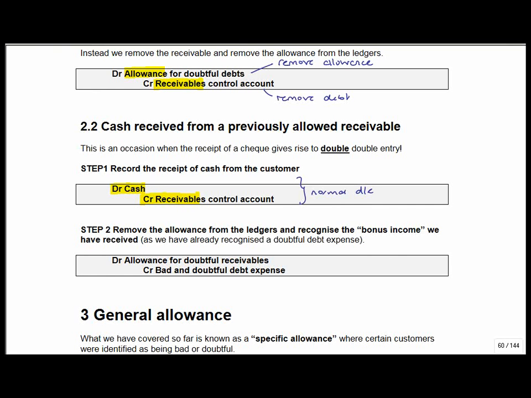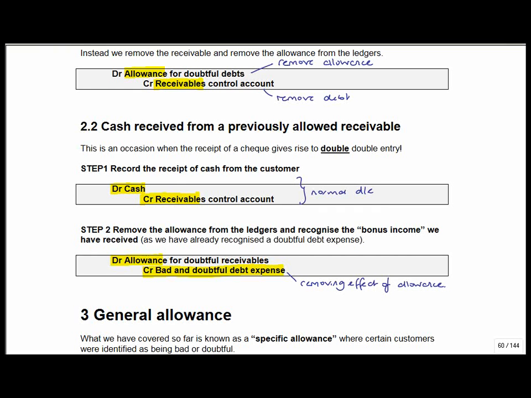But having credited the receivables account, we don't want this allowance sitting in the ledgers as well. We've got to remove the allowance, so we debit it. And the credit side of the entry is to our bad and doubtful debt expense account. In other words, removing the effect of the allowance. Because we've now received our cash, there's no expense associated with that.